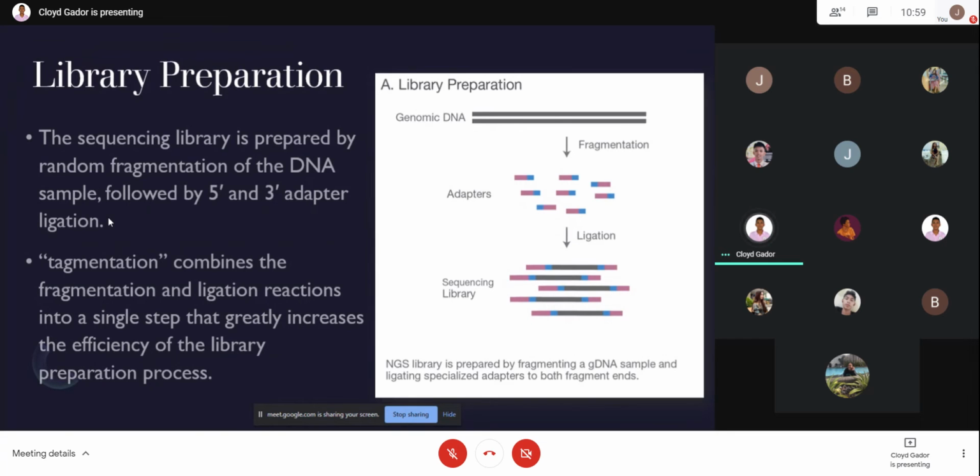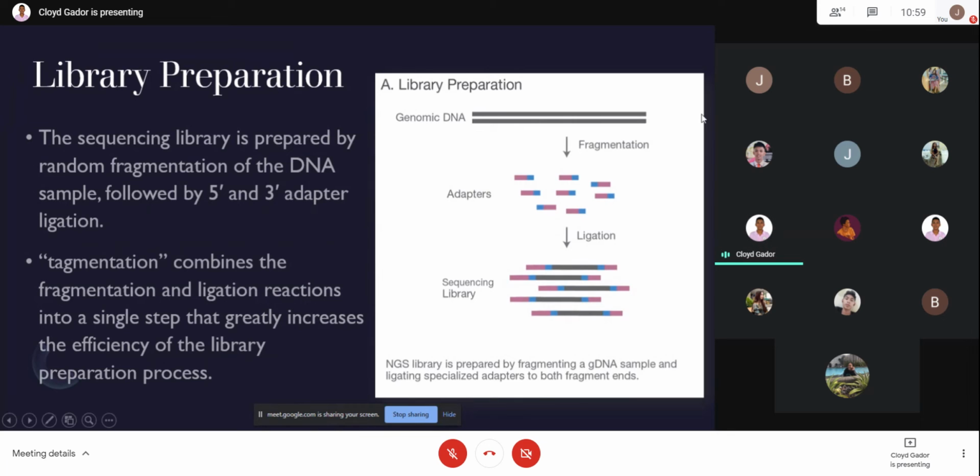The sequencing library is prepared by random fragmentation of the DNA or complementary DNA sample, as you can see in this figure, which is followed by 5' and 3' adapter ligation. Fragmentation, termed tagmentation, combines the fragmentation and ligation reactions into a single step that greatly increases the efficiency of the library preparation process.